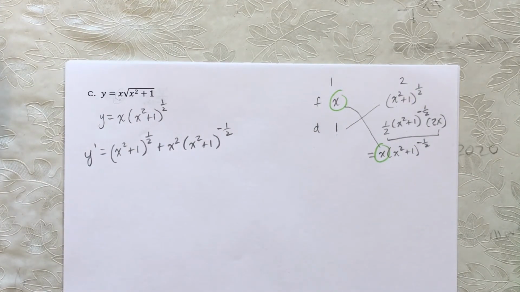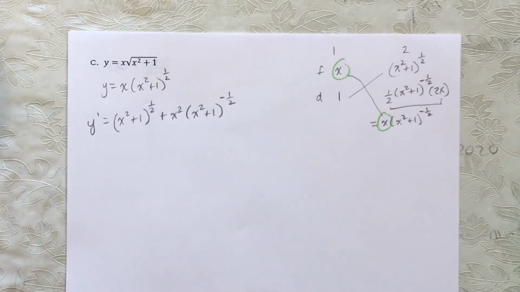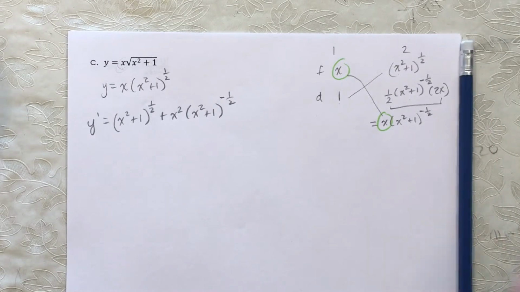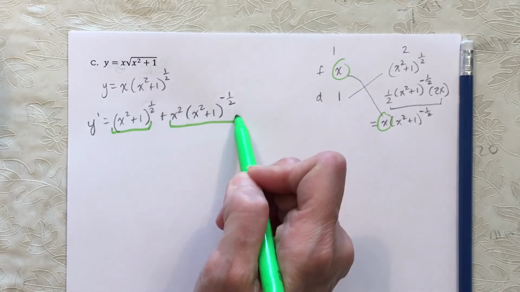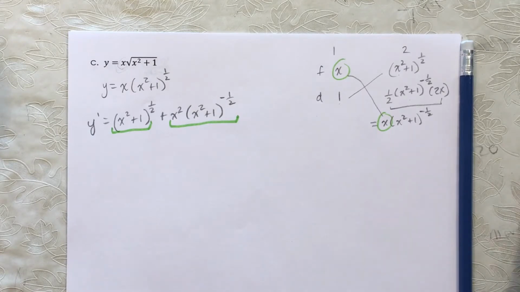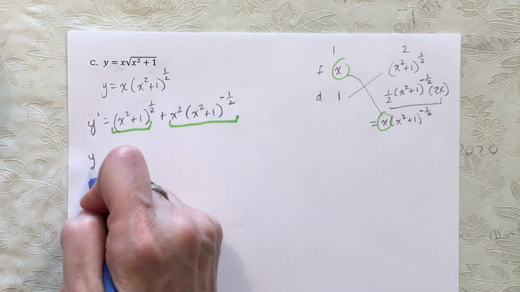My derivative's done, but now I have to put it into simplified factored form. So to do that, I've got my two big terms here. Here's my first one, separated by a plus sign. Here's my second one. So I've got to look for the greatest common factor.